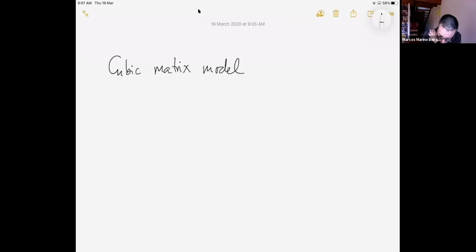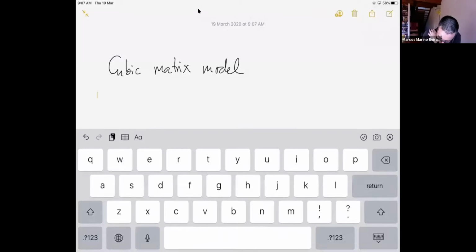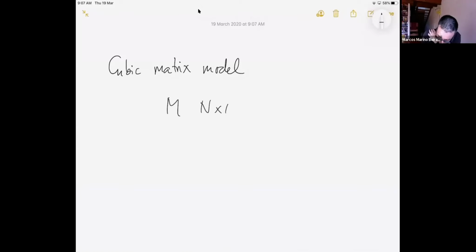So we're studying matrix models. Okay, so M is an n times n Hermitian matrix.